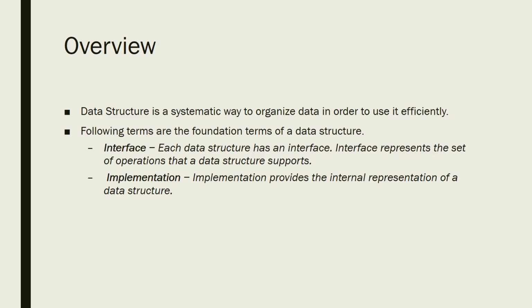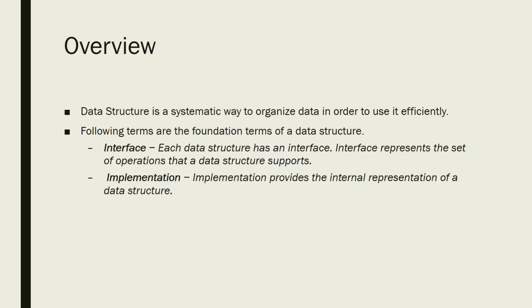A data structure is a systematic way to organize data in order to use it efficiently. The following terms are the foundation terms of a data structure: interface and implementation. Each data structure has an interface, which represents the set of operations that a data structure supports.